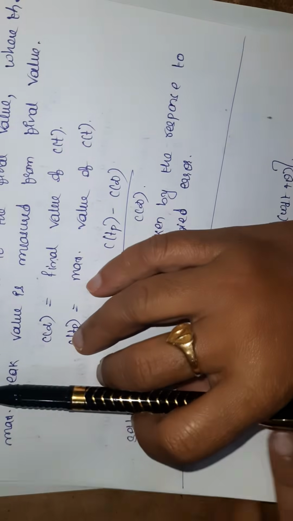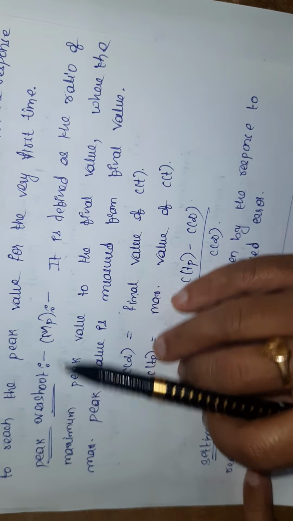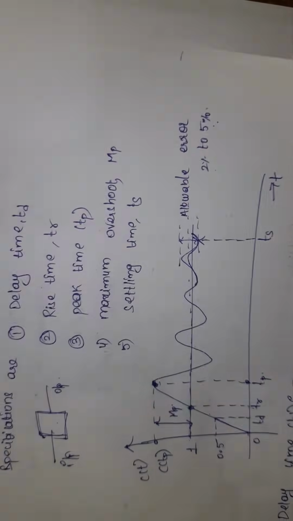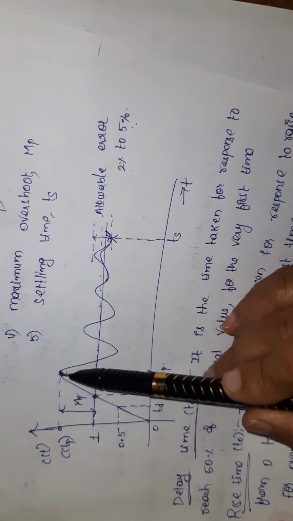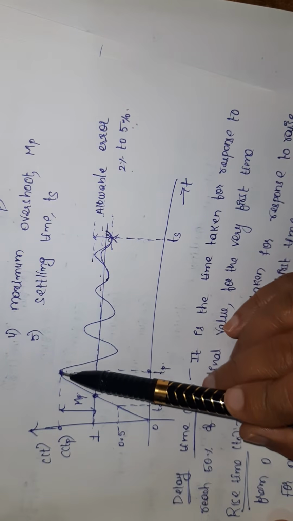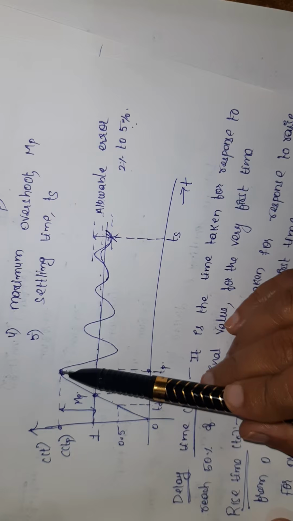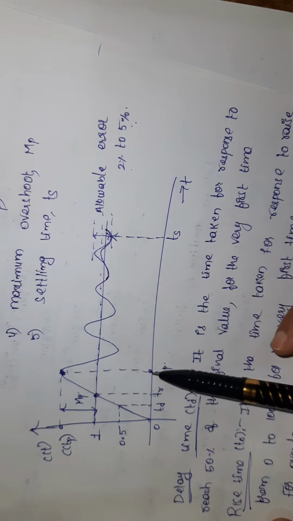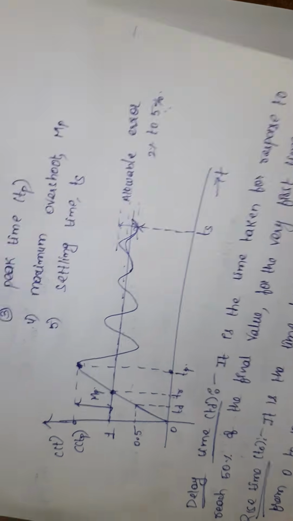See here, this is the peak overshoot, and if we observe the diagram, the maximum peak overshoot occurs at this point, at t equal to Tp. And what is Tp?